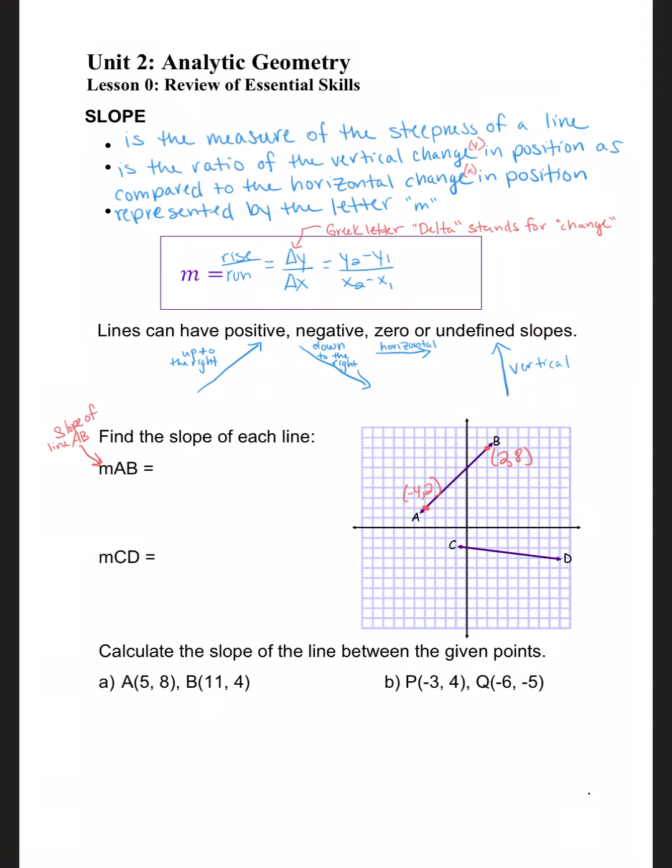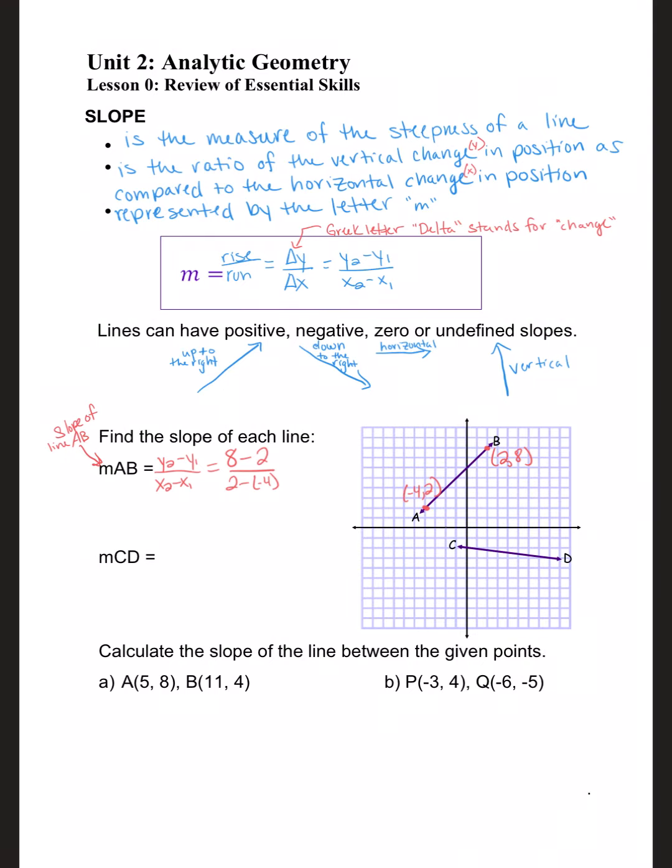So I'm going to use that slope formula I have up above, which is y2 minus y1 all over x2 minus x1. And we'll substitute in those values. So my y2 is 8, and my y1 is 2. And then my x2 is 2, and my x1 is -4.